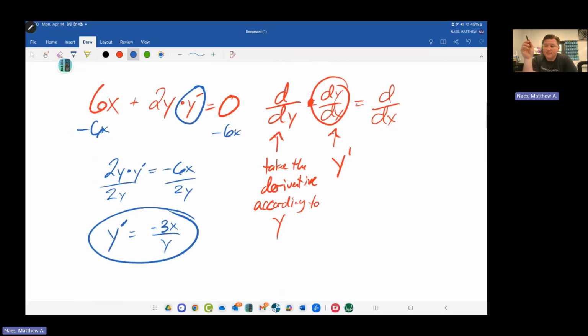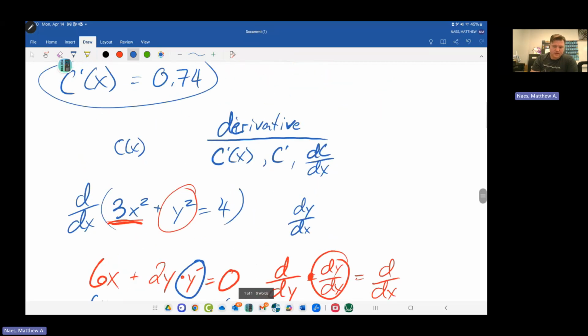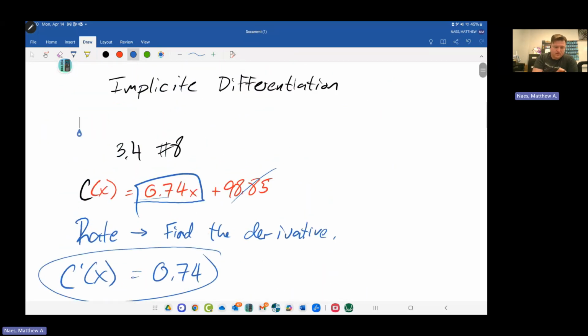Okay, so that's the concept. Anytime you have a y, just attach a little y prime to it. Now these do get a little bit harder. Try this.